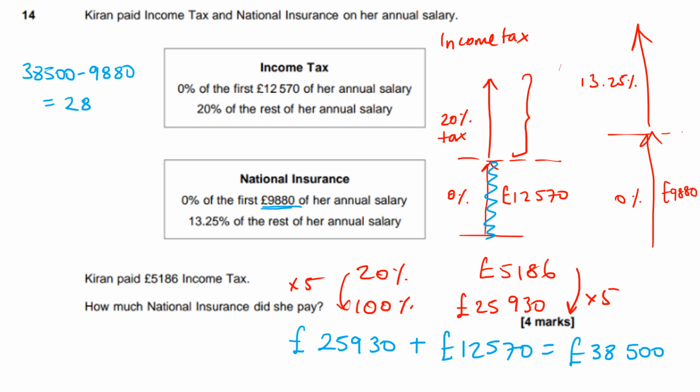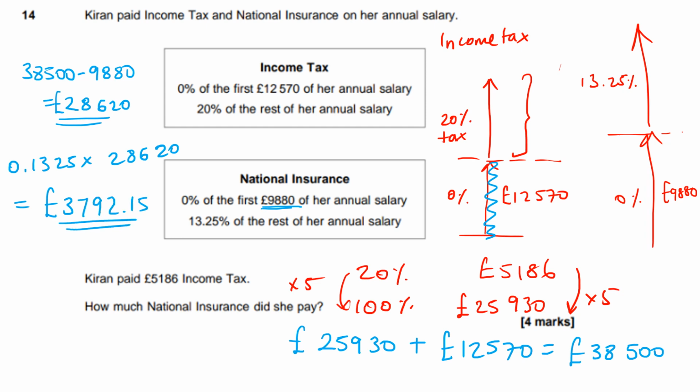So that's going to be £28,620, and they will take 13.25% of this. 13.25% is the same thing as 0.1325. If I times that with 28,620, they will pay £3,792.15 national insurance. And that's how I get full marks from this question.